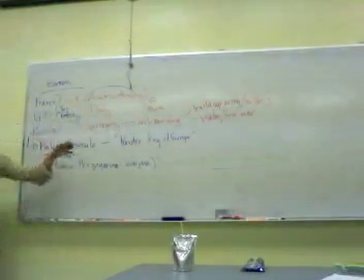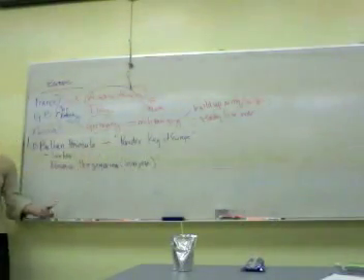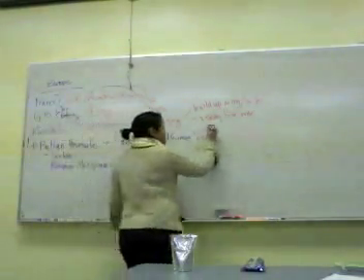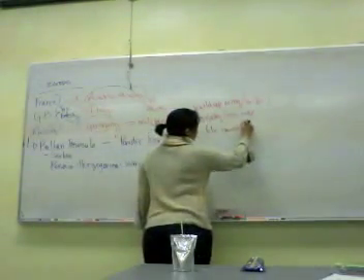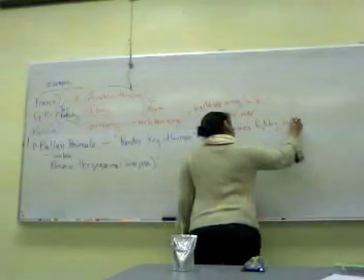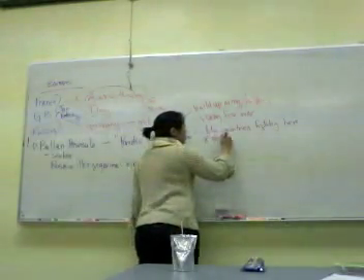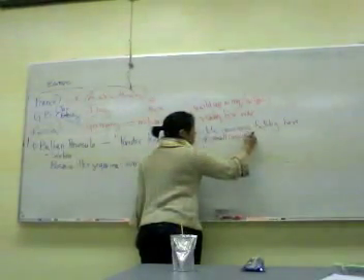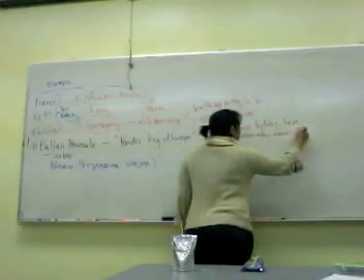And where is this country? In the Powder Keg of Europe. And the reason why it's called the Powder Keg of Europe is that we have lots of countries fighting over this area. Now, you have small countries who want independence.